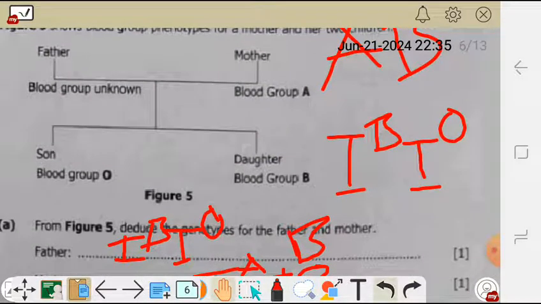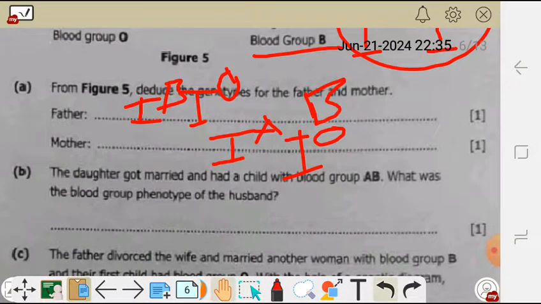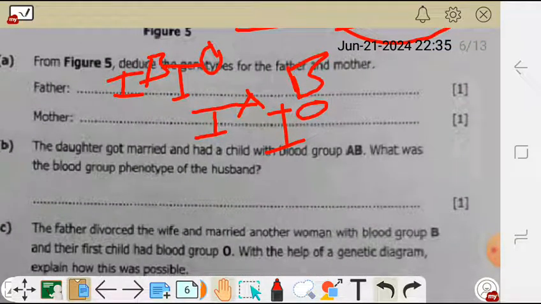Since the daughter has blood group B with this O, and the child had blood group AB, we can safely say the only possible phenotype of the husband is A.